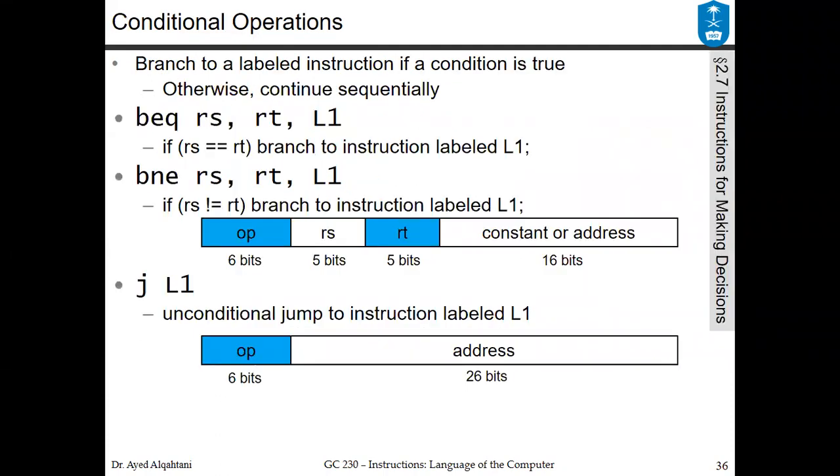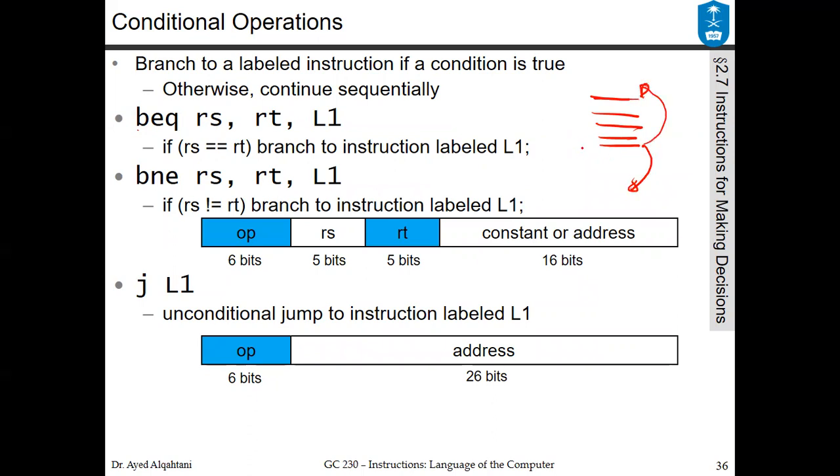Now, one of the I-type instructions is the branch instruction. The branch is moving. You know that the code executes statements in sequence, one after the other. The first statement, the second statement, the third statement, and so on. Some statements control the flow of the program, meaning that it goes from this position and jumps somewhere else, or jumps back.